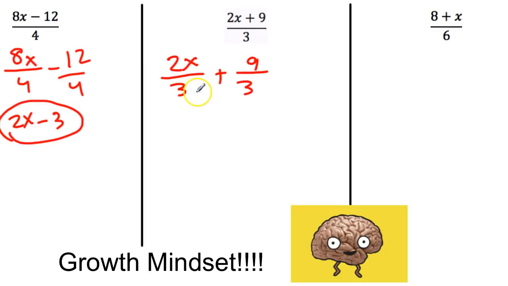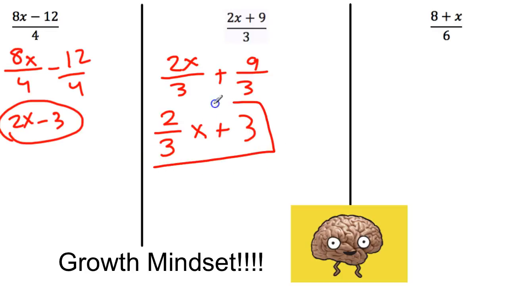You could leave your answer like this, but when we graph lines, we want to break the fraction away from the x. So I'm going to write this like this. 2 over 3 x. And again, these are the same things, but as we go forward, you need to write it like this. And then we have 9 divided by 3. Well, 9 divided by 3 is 3. So our answer is 2 over 3 x plus 3.